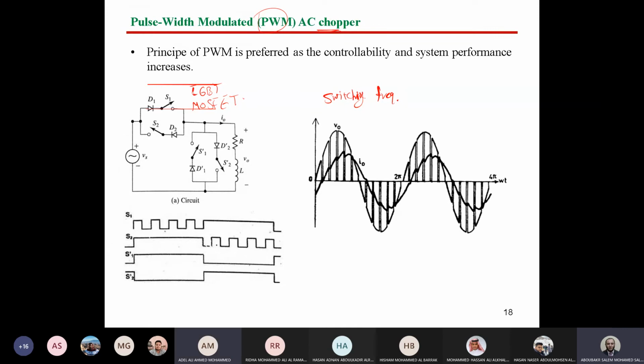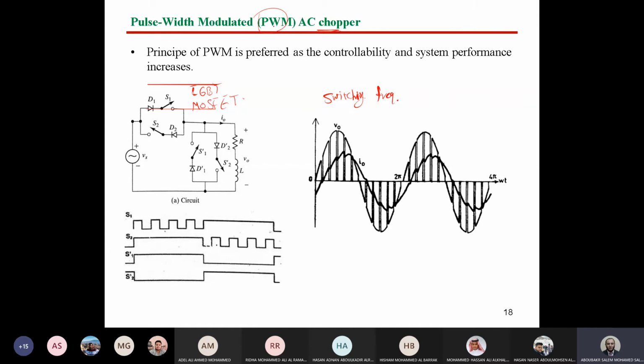Any question regarding the voltage control? Doctor, how do we control the amplitude of the voltage? By controlling something I would like you to look for: the meaning of PWM. If you control the pulse width, it's called pulse width modulation.